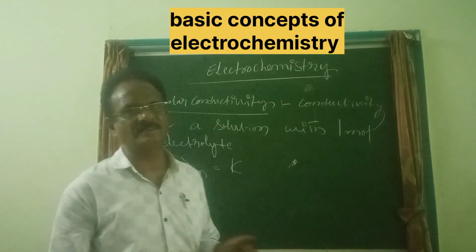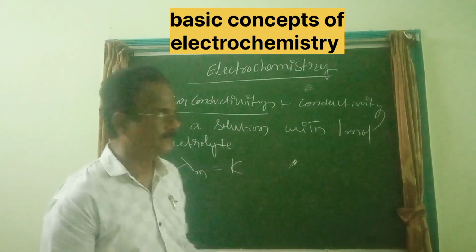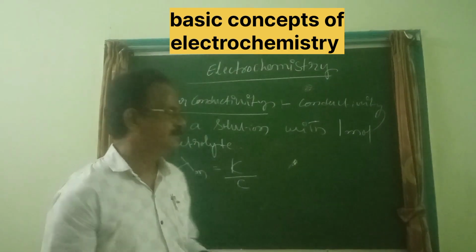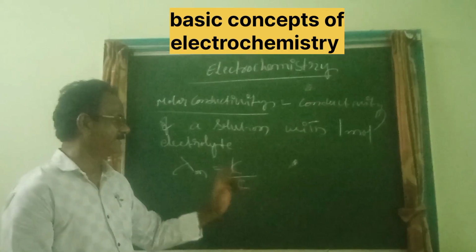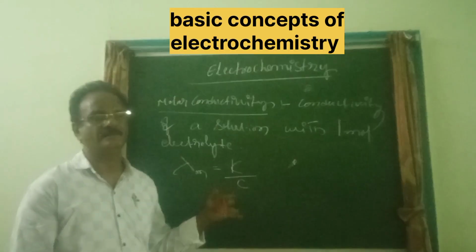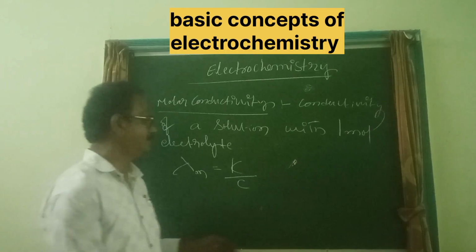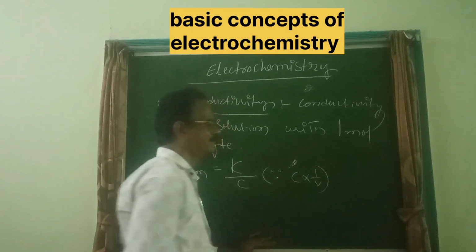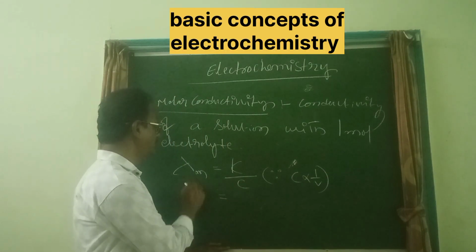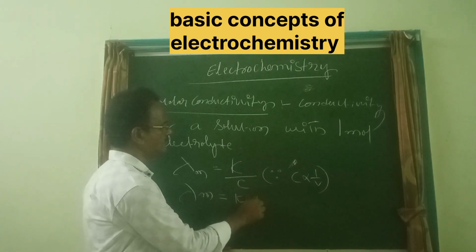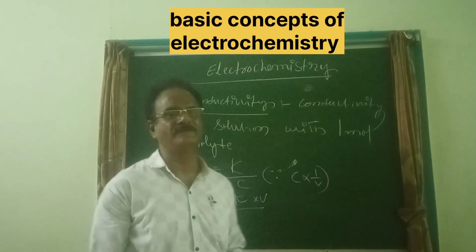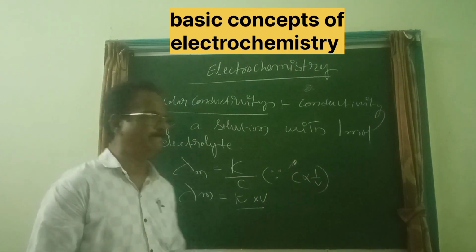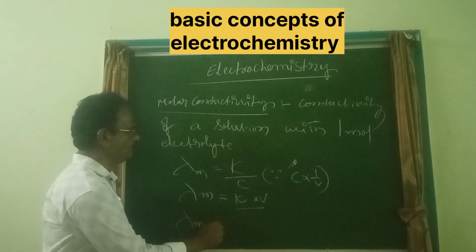Kappa is the representation for conductivity, and the concentration of electrolyte is C. So molar conductivity can be represented as conductivity divided by C. Since C is proportional to 1 by V, we can write lambda m is equal to conductivity into V.